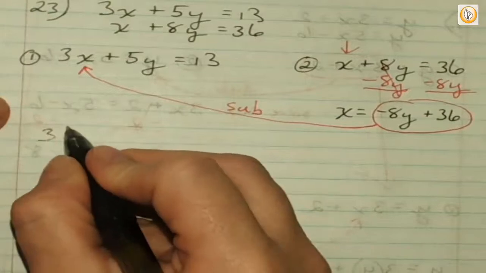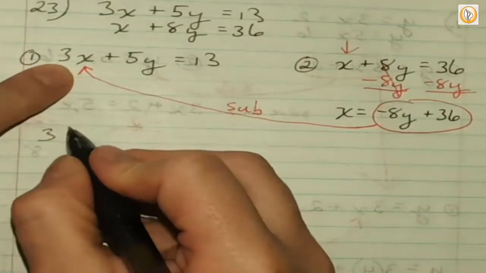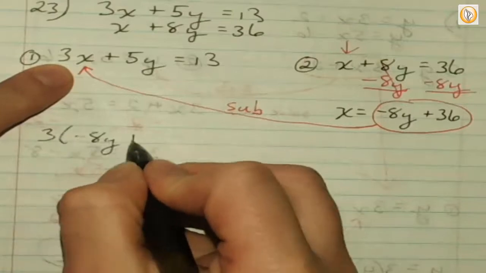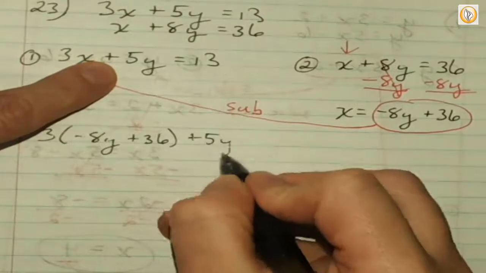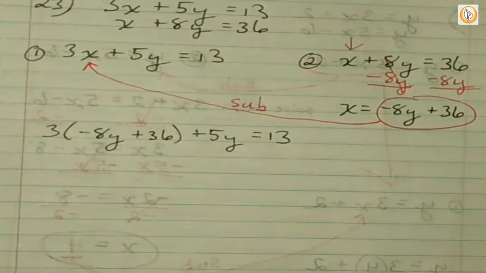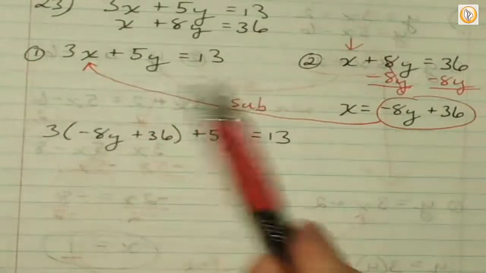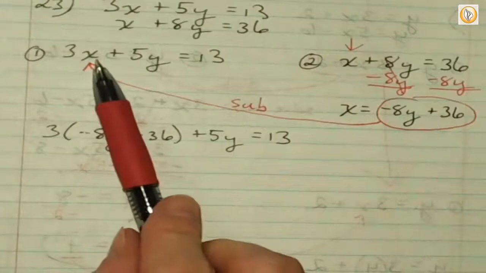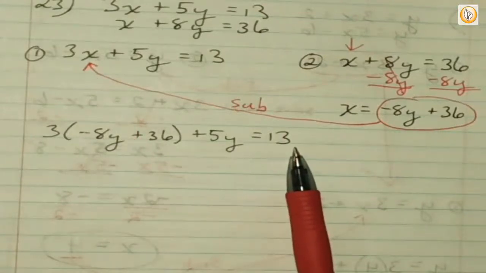So I'm going to write 3 times x, right? So it's going to be 3 times negative 8y plus 36 plus 5y equals 13. Look at what I did. Y'all see that? I took this whole expression and I stuck this whole thing in for x. And this is what it looks like. Do y'all see that?